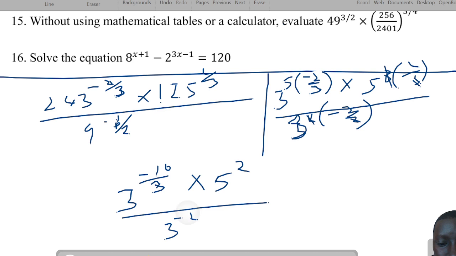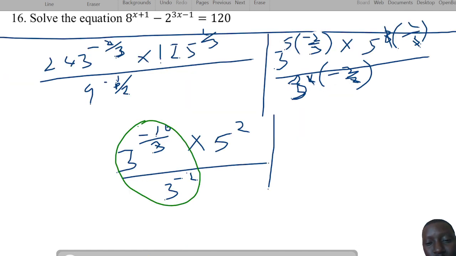What follows next is for us to make use of the laws of indices. From the laws of indices, when the bases are the same, if it's a multiplication, we add the powers. If it's a division, like in this case, we have a division here, we are going to subtract those powers.